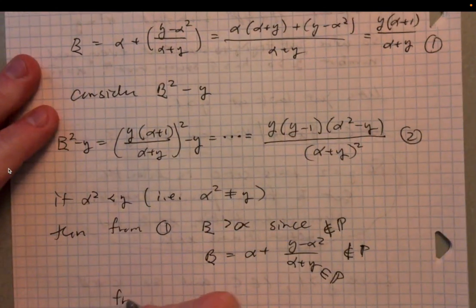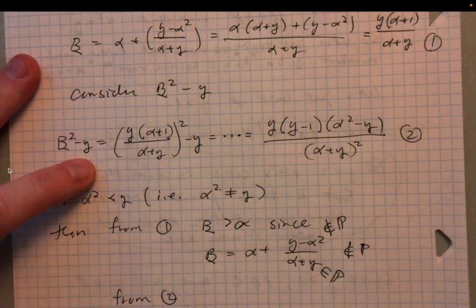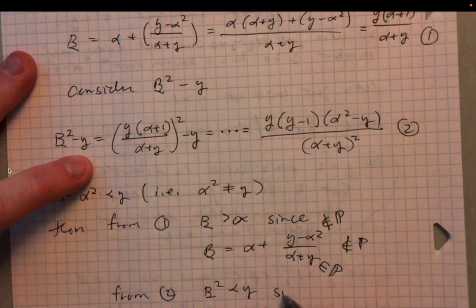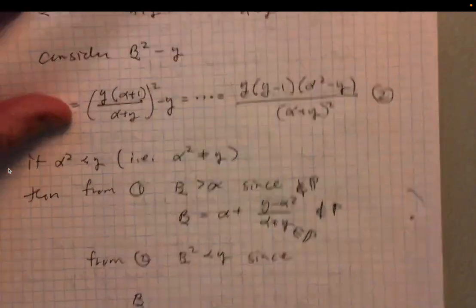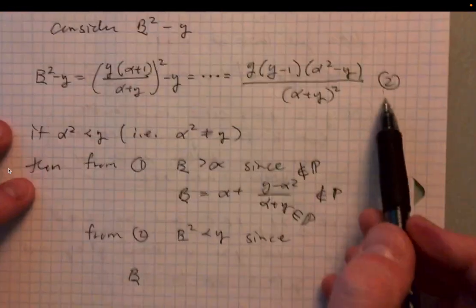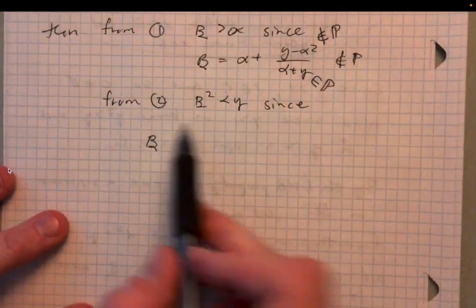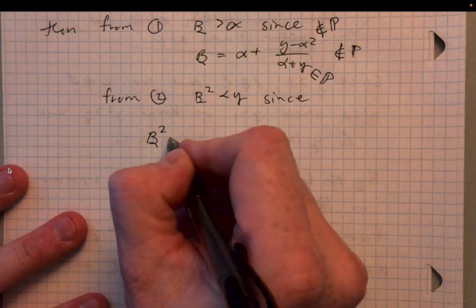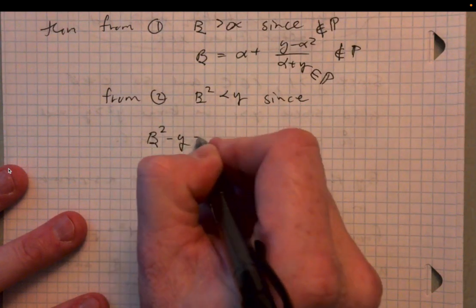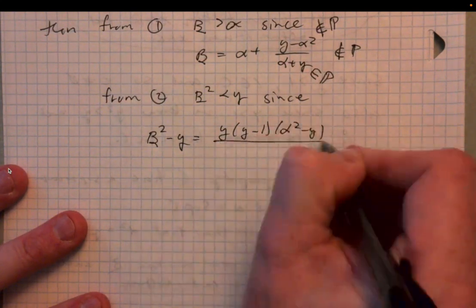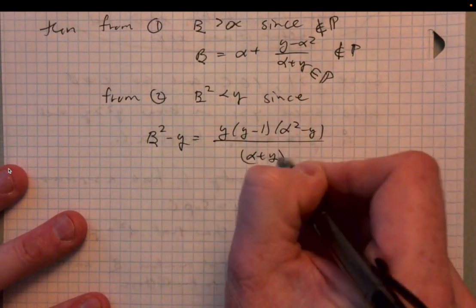And from 2, we get that beta squared is less than y. And why is that? What did we get for beta squared minus y? We had y times y minus 1 times alpha squared minus y, all over alpha plus y squared.